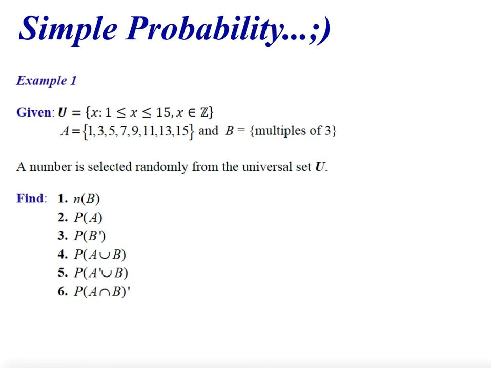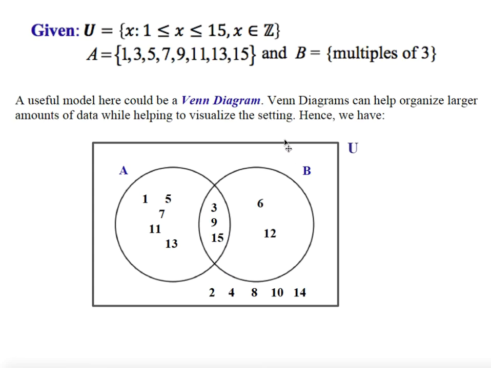A nice way to model the system is to introduce the idea of a Venn diagram. It is a nice way to visualize the setting. Not a requirement, but it can be a good way to model the setting, and can possibly get you a method mark when it comes to evidence of methodology on an actual paper. So you've got sets A and B, and there's some overlap. The universal set would be modeled by the whole box you see here.